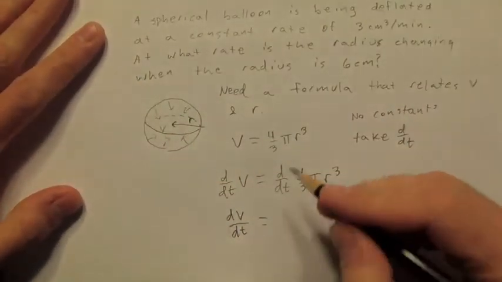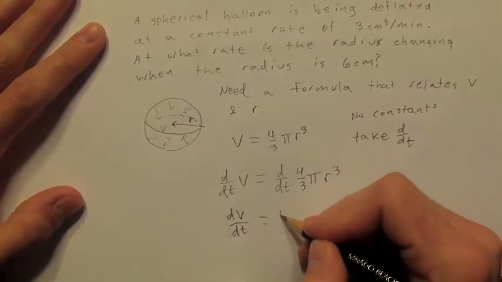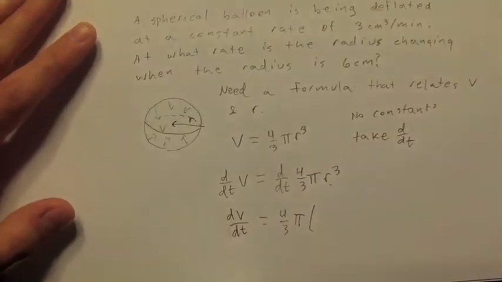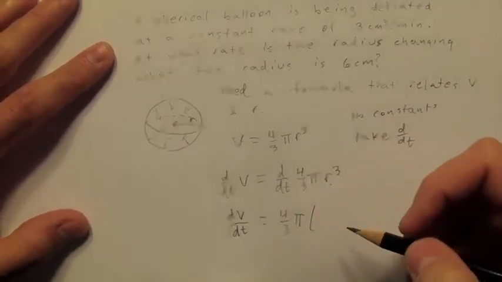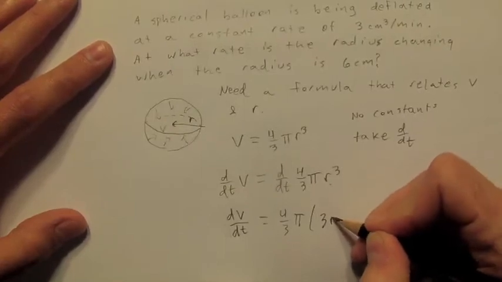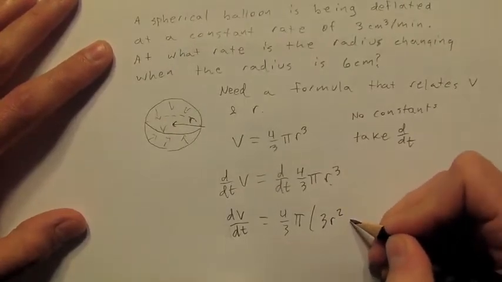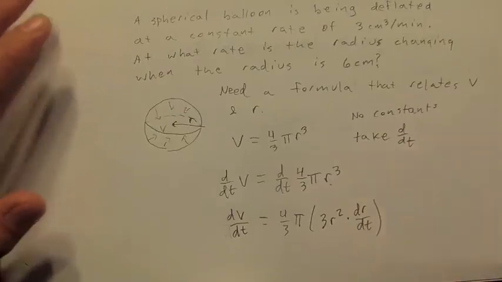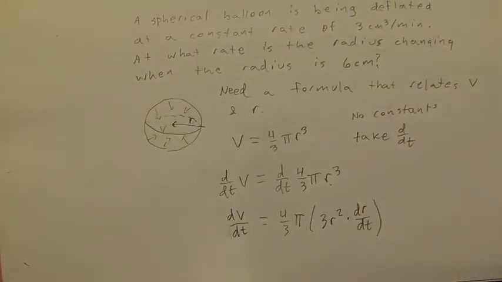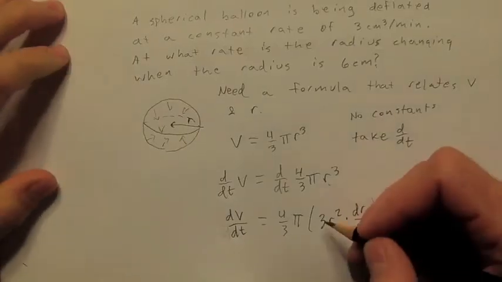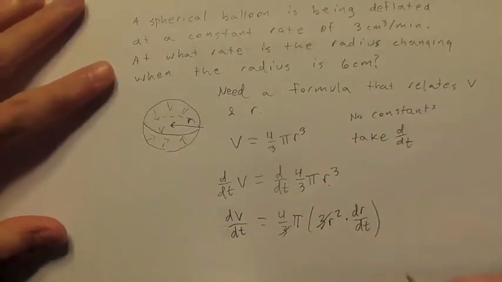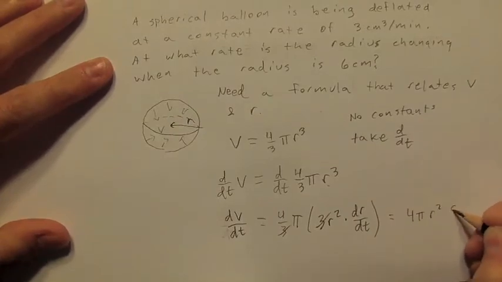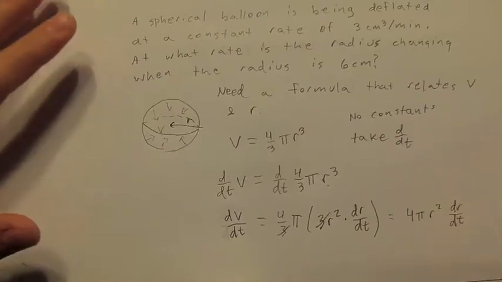And now the constant will come outside, 4/3 pi, and the derivative of r cubed is going to be 3r squared, and what do we have to throw in here? Let's write a dr over dt. Now, this is nice, the 3's cancel, and so we get on this side 4 pi r squared dr/dt.